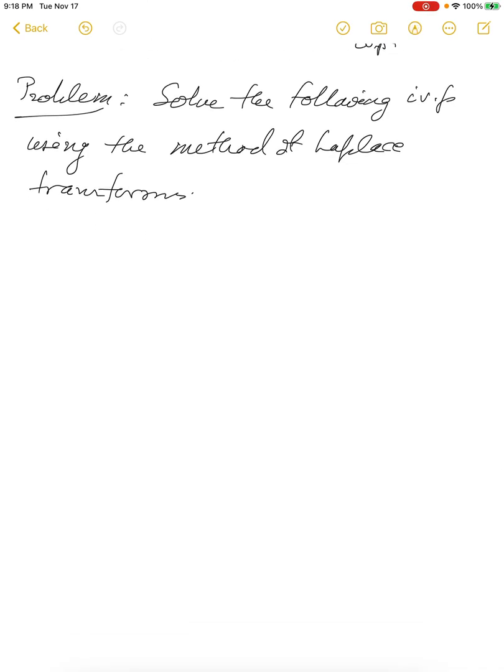So let's take something like y double prime minus 2y prime minus 3y equal to 0, y of 0 equal to 1, y prime 0 equal to 7. Good.